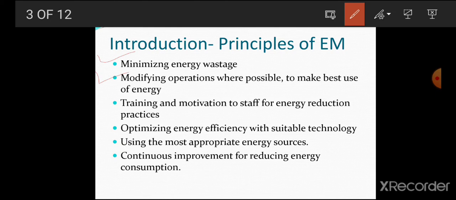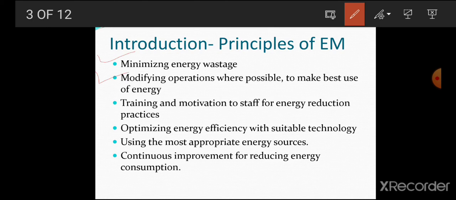So if we can modify some operations which can reduce the energy consumption, the cost will also be incurred for modification. So generally companies do not modify the machines because the cost incurred is very high.